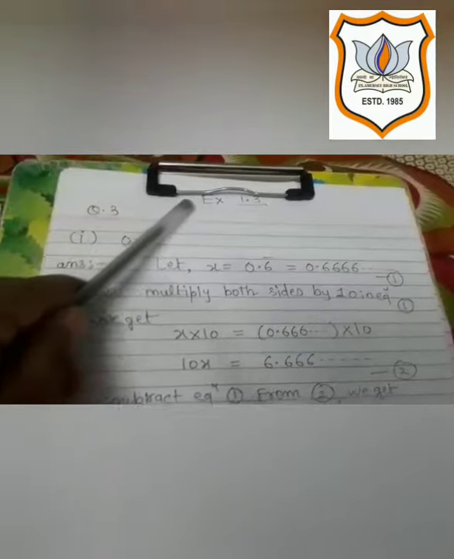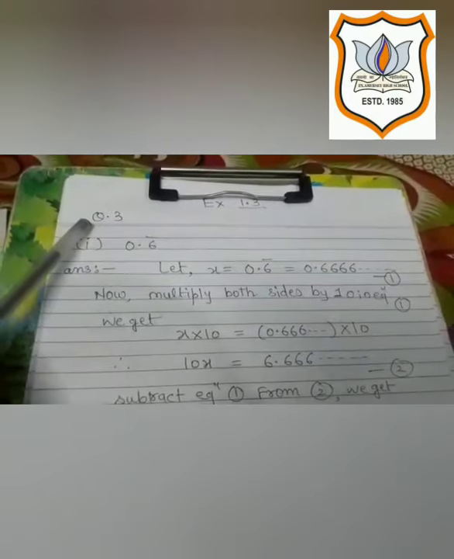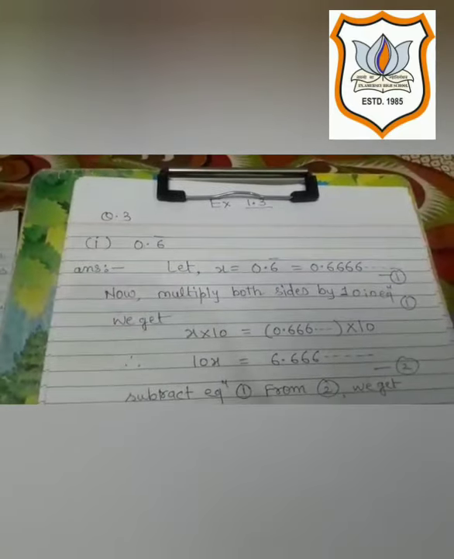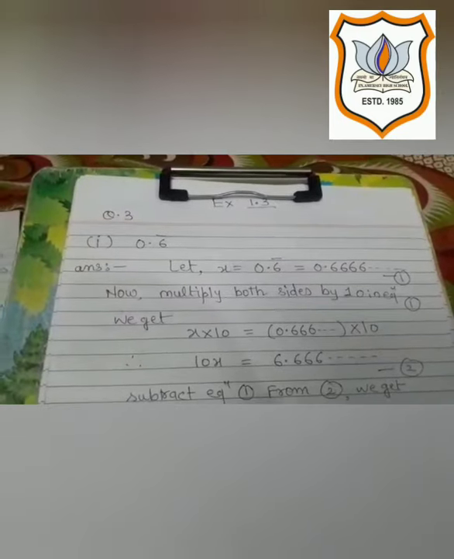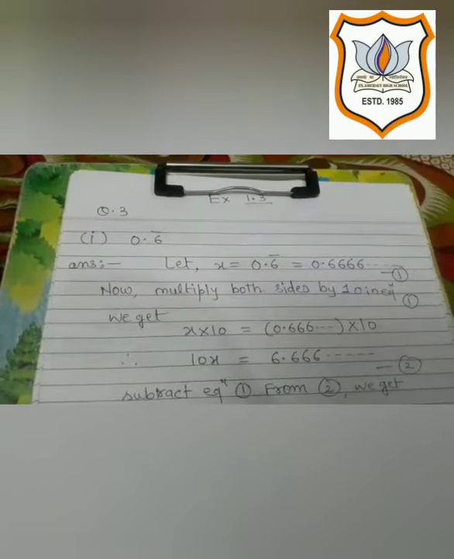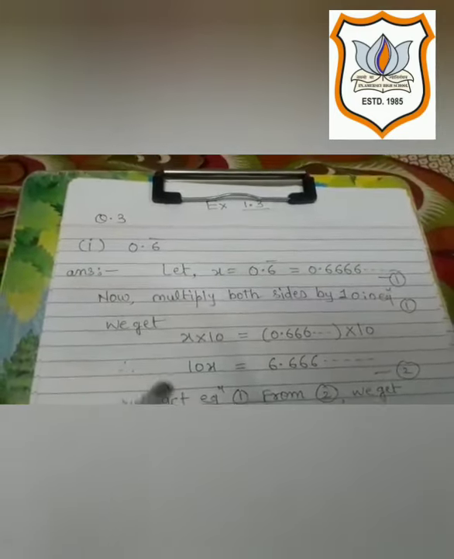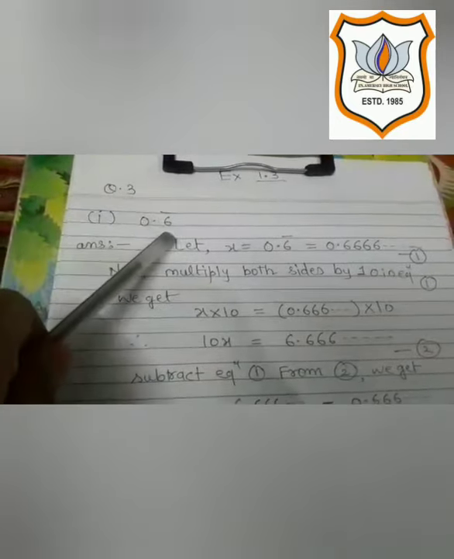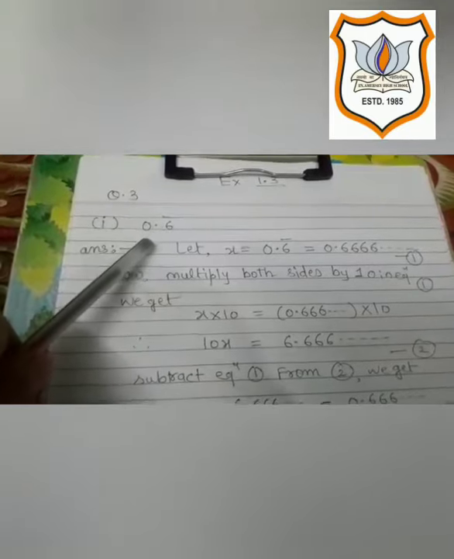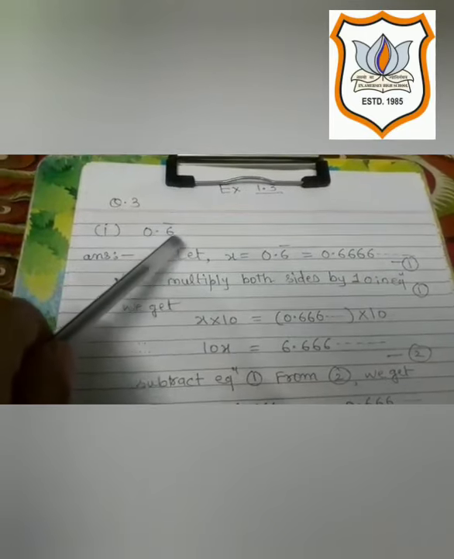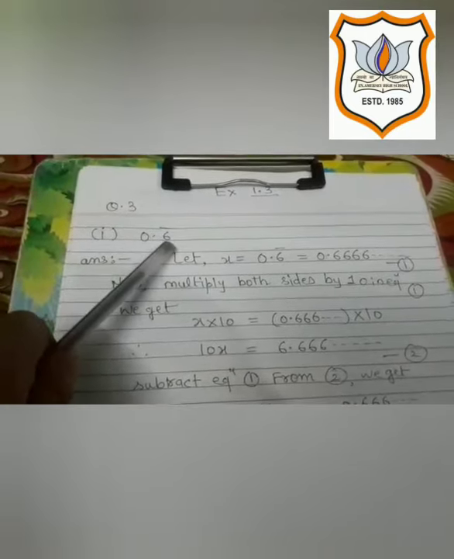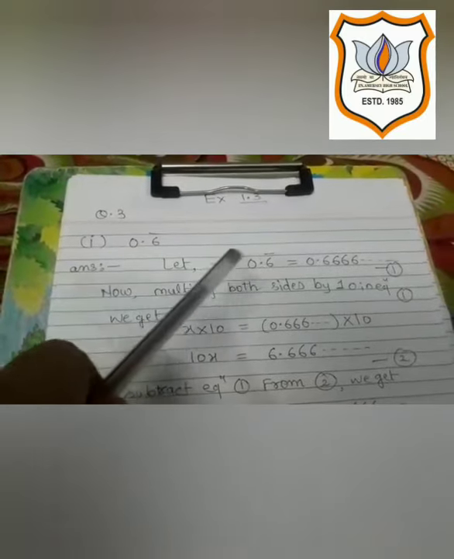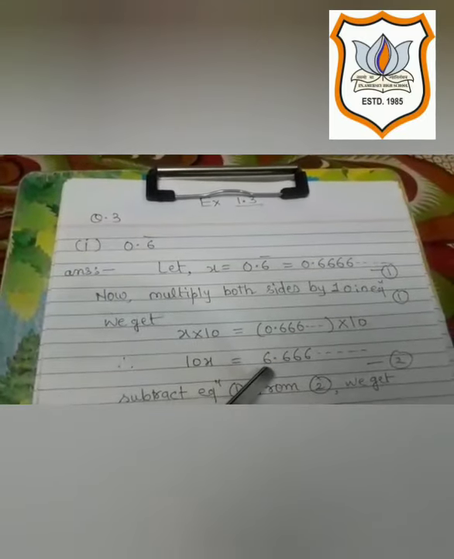Okay students, exercise 1.3, question number 3. Express the following in the form of P upon Q, where Q and P are integers and Q should not be equal to 0. The very first part of question number 3 is 0.6 bar. This time we have a rational number in the form of decimal, which we have to convert into P upon Q format.